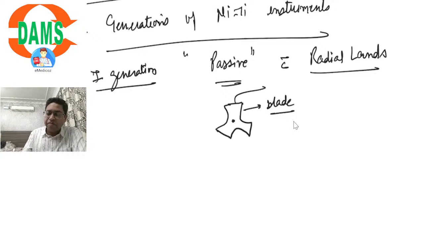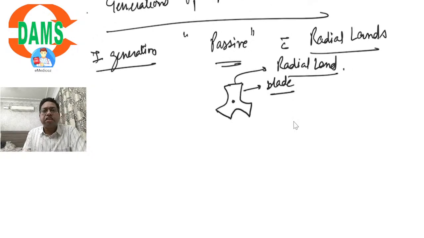This flat end of the blade is called the radial land. This design characteristic makes them passive because they are not actively cutting the root canal. They simply auger because of the pressure from the instrument, and they are called radial landed instruments.